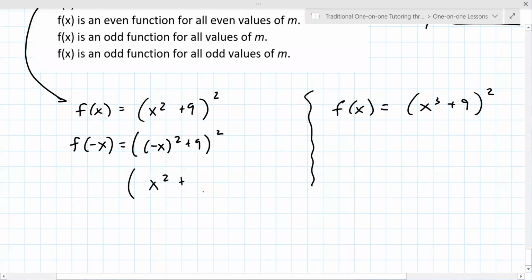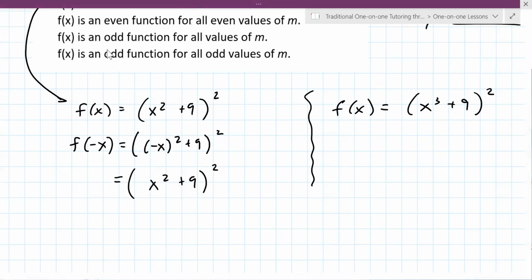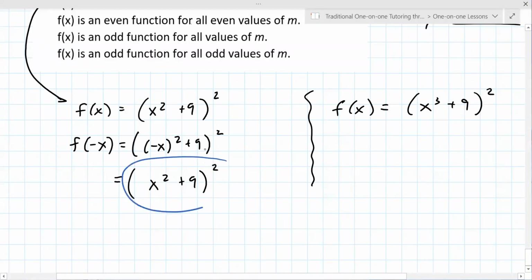This becomes x squared plus 9 squared, right? Is that what you got? Now, is this whole thing the same as the original? Yes. It's even.